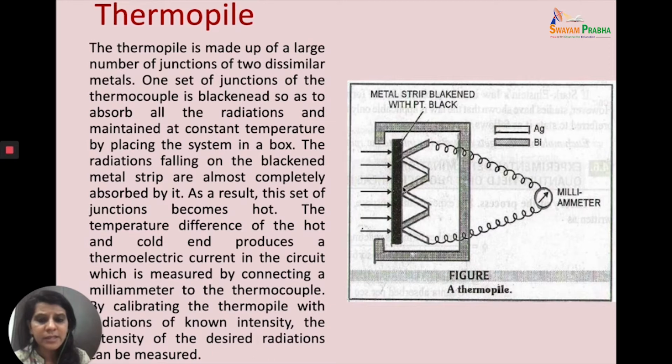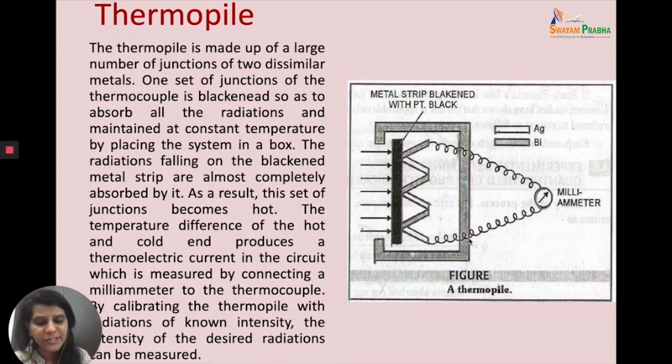As a result, this set of junctions becomes hot. The temperature difference between the hot and the cold end produces a thermoelectric current, which is measured by connecting a milliammeter to the thermocouple. By calibrating the thermopile with the radiations of known intensity, the intensity of the desired radiations can be measured.